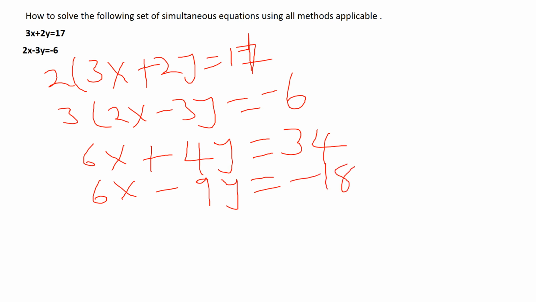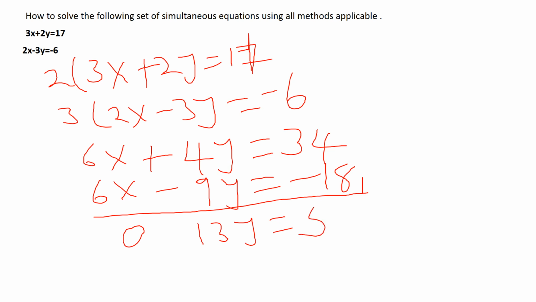Then we can subtract the two equations to eliminate x. If I subtract 6x minus 6x, I get 0. Then 4y minus 9y gives 13y, equals 34 minus 18, which is 52.